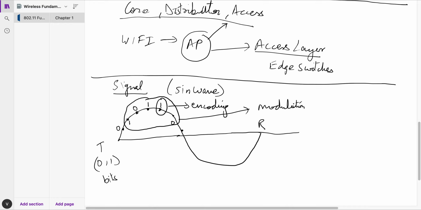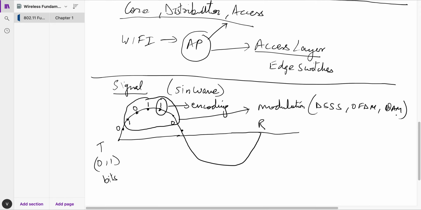How that encoding is done is called modulation. Now, modulation can be of multiple types. It can be direct sequence spread spectrum. It could be OFDM, orthogonal frequency division multiplexing. It could be quadrature amplitude modulation, right? It can be even more. But how we do encoding is called modulation.